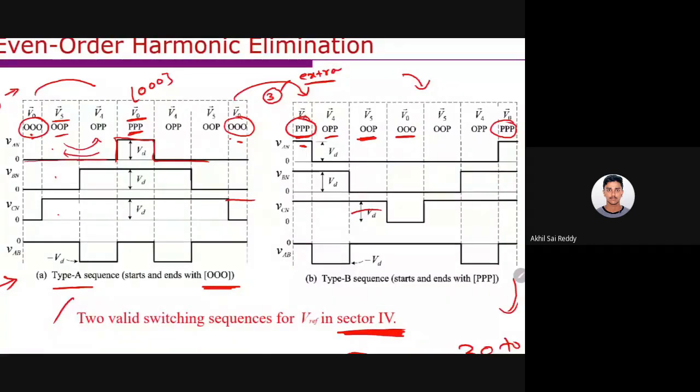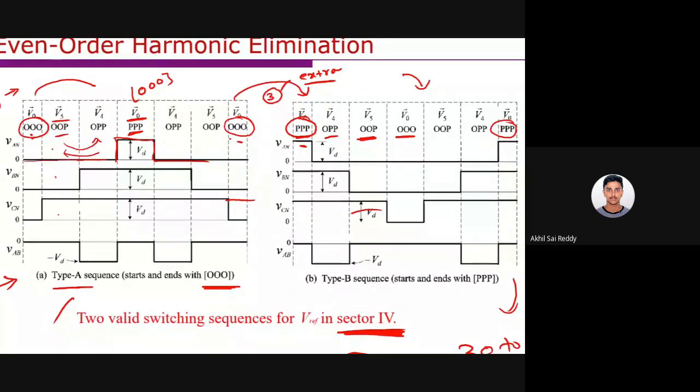Okay, you got this point? So earlier, from 0 to 30 degrees, at the end of 30 degrees the switch state is 0, 0, 0, right? So when it starts moving from 30 degrees onwards, the next switching sequence we need to select is the type B switching sequence, right? When it is changing from type A to type B switching sequence, all three phases are affected.